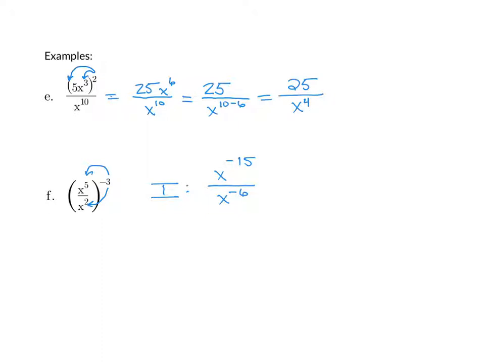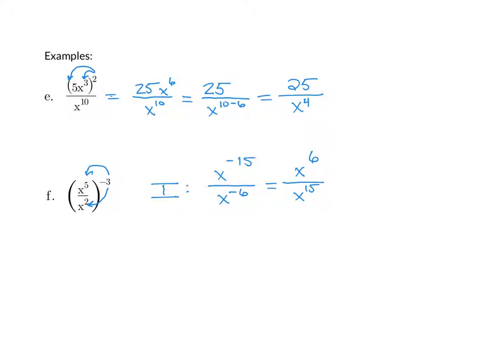From here, you may decide that you want to go ahead and take care of the negatives like we did in previous problems. That's fine too. So let's flip them around. We get x to the 6th over x to the 15th. I'm going to move my numerator to the denominator, make my exponent positive.